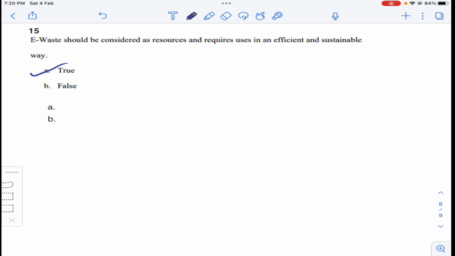That is, it is one of the resources and it requires use in an efficient and sustainable way. We can use the waste that is produced from one mobile in another mobile. Something like exchange of battery, we can use it in a sustainable way. So this is a correct statement. 15th question, answer A. Thank you.